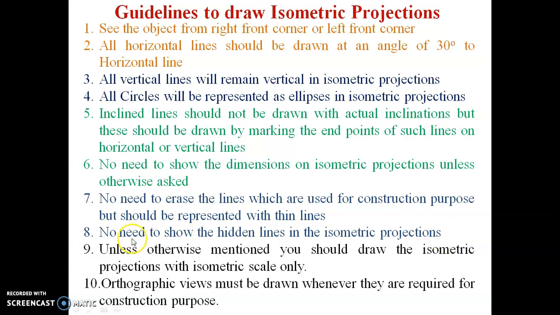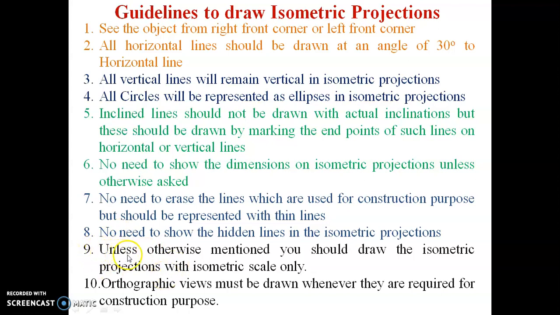As we were drawing the projections of solids, we used to show hidden edges with hidden lines, but when drawing the isometric projection, you don't have to show the hidden edges with dashed lines. You just ignore them. But if you have drawn them as part of construction, you have to retain them with thin lines.